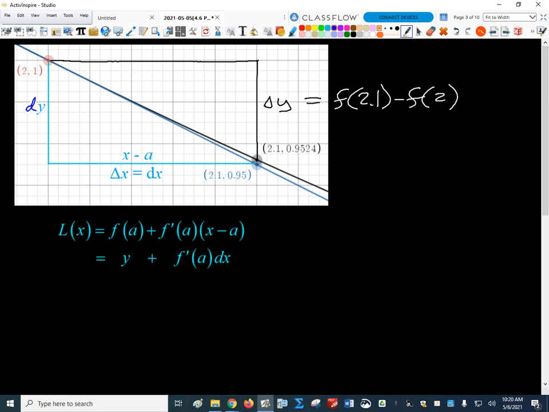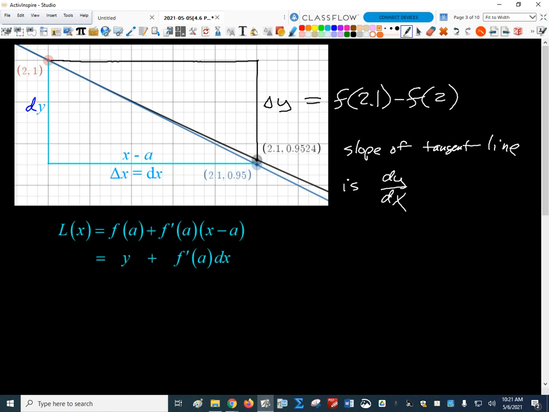Think about this now. We've got this slope triangle we've created. Here's dy. We're going to call this dx, right? That's just a slope, isn't it? The definition of slope is rise over run. So the slope of the tangent line is dy divided by dx, right?